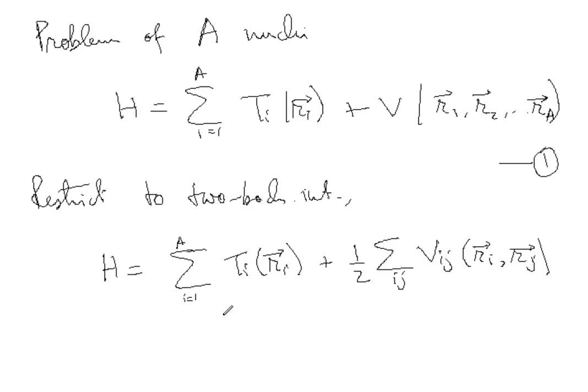Now in the model proposed, the ith nucleon feels not the potential sum Vij, but a central potential Ui.